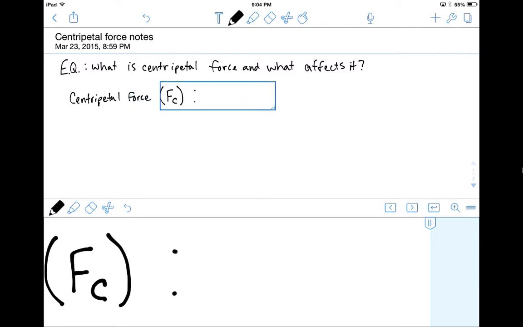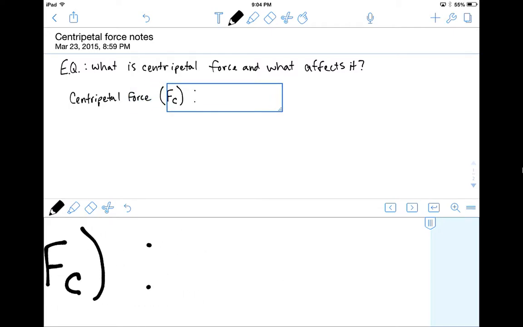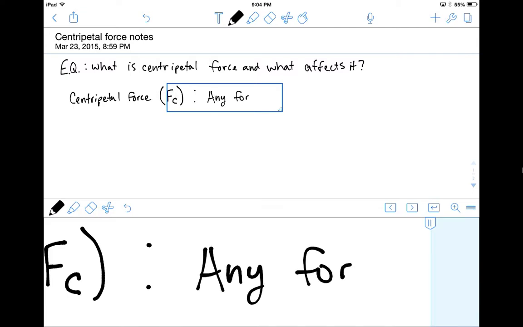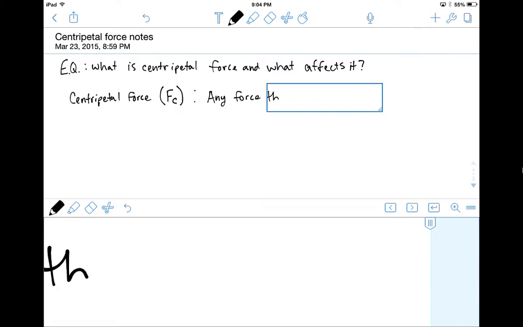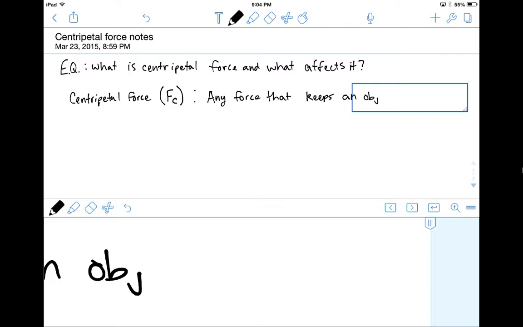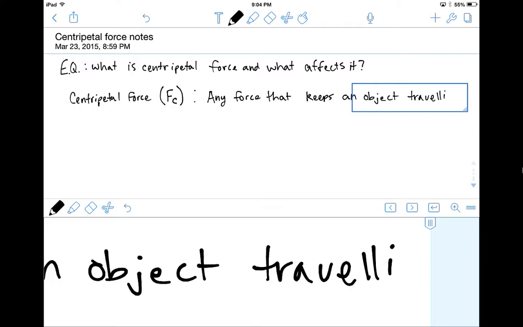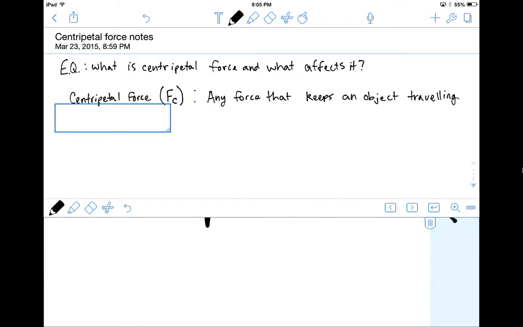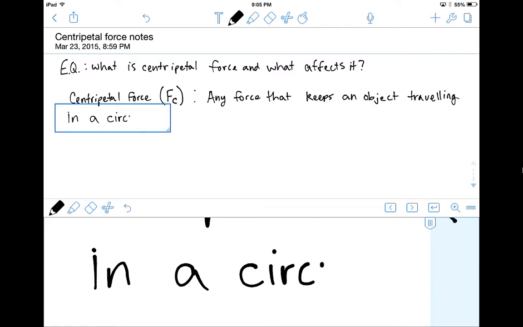Okay, so centripetal force is any force that keeps an object traveling in a circular motion.